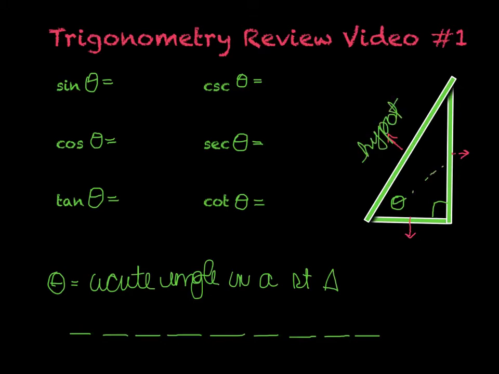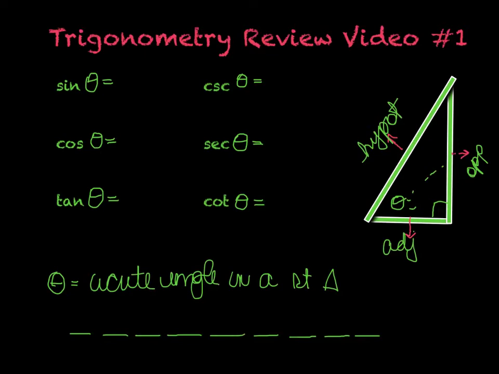This side is the opposite, and the side right here is called the adjacent. Okay? And in a right triangle, we learn trig ratios.